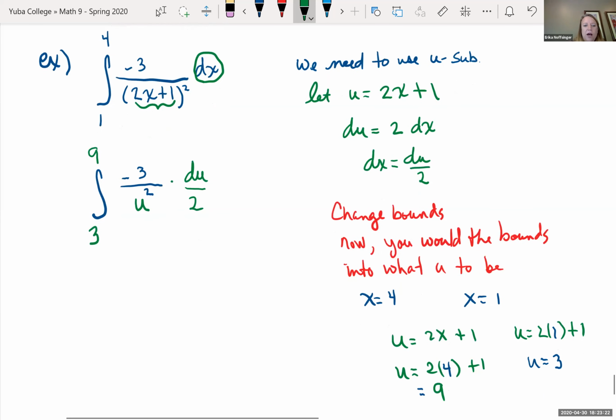Okay, so now I'm just going to rewrite this. I'm going to pull my -3/2 out in front because that's a coefficient. I'm looking at this from 3 to 9. And I'm going to bring my u squared that's in the denominator up into the numerator. So this is really u to the -2 power du.